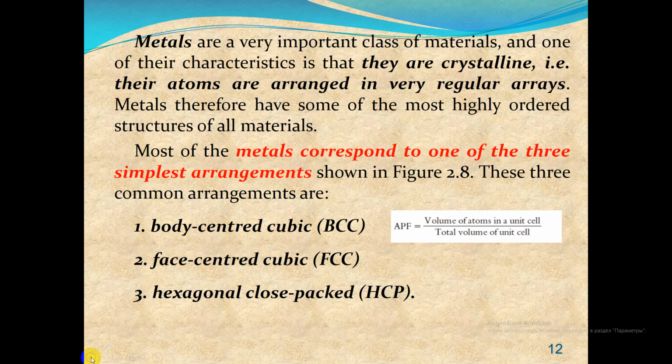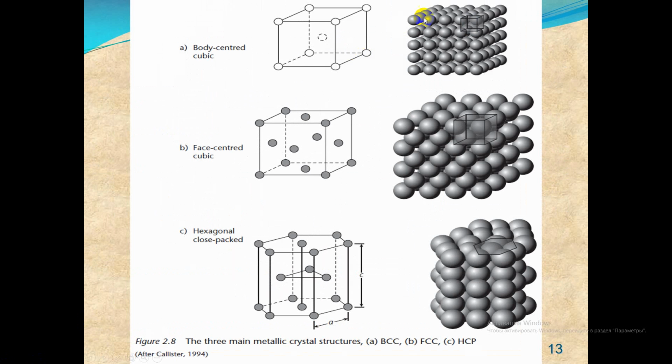Body-centered cubic: this crystal structure type is found among some common metals, such as ferritic steel, pure iron, chromium, tungsten, etc. We can characterize the various crystal forms by their atomic packing factor.